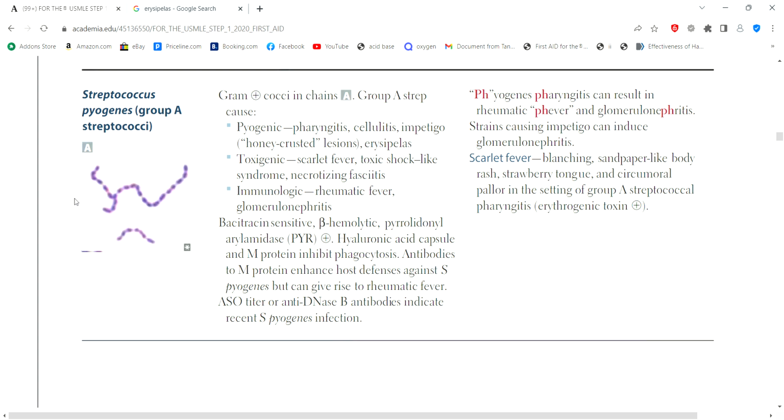Which antibodies do you see in rheumatic fever? You see ASO antibodies, and you see anti-DNase B antibodies, and then you also see antibodies to M protein.